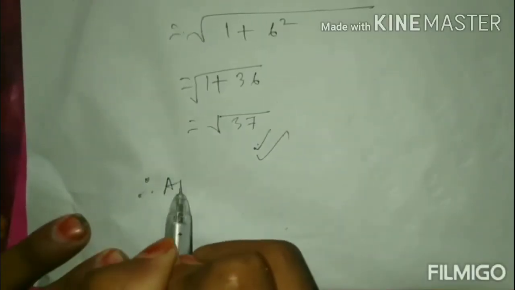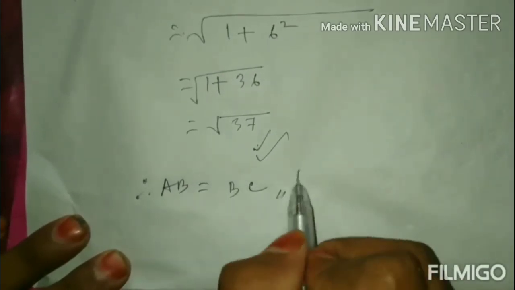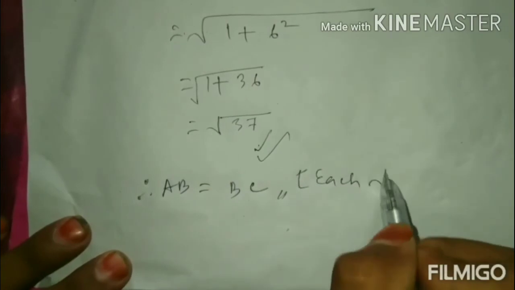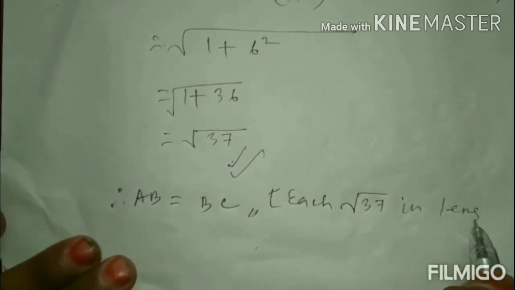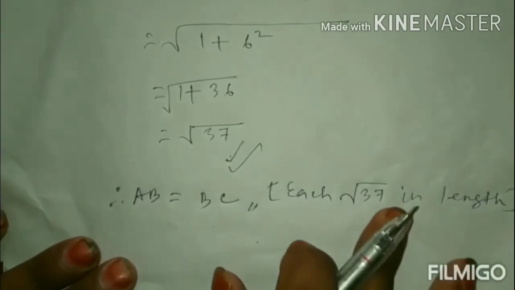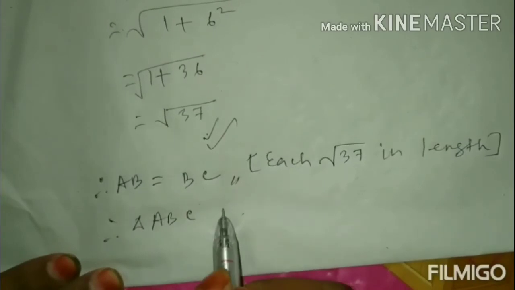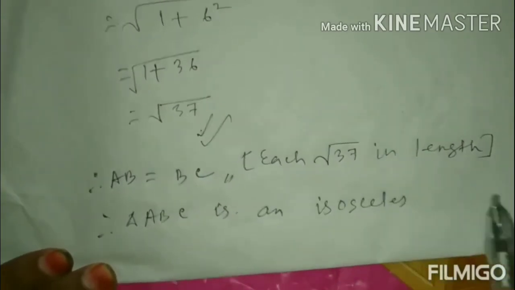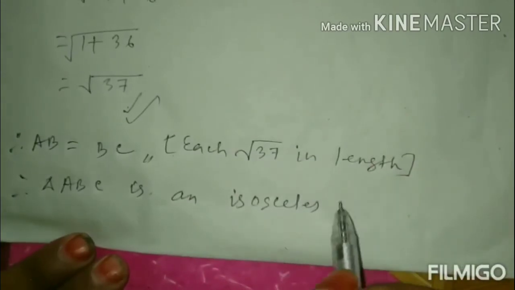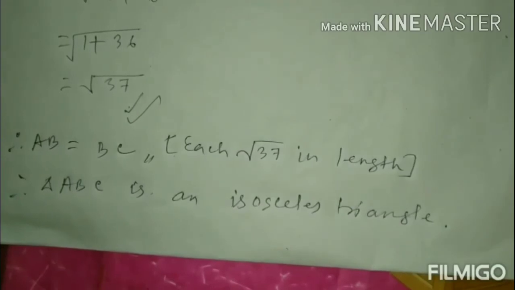Therefore AB equal BC, which is root 37 in length. So triangle ABC is an isosceles triangle. That will be the full answer.